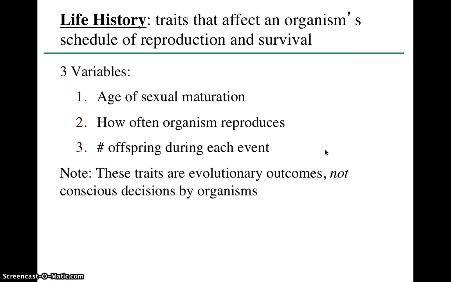So the animal actually survived because they were the fittest at the time. They didn't actually choose, oh, okay, I'm gonna have a lower sexual maturity. It just happened that these types of animals have a lower or higher sexual maturity, and so on and so forth with number 2 and number 3. So this is actually an evolutionary outcome. They don't have a choice in any of these.